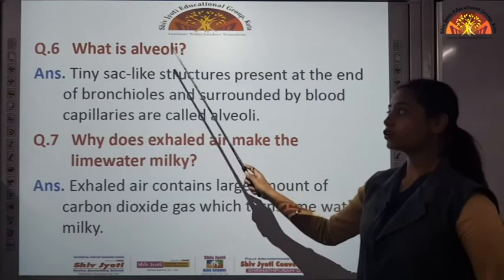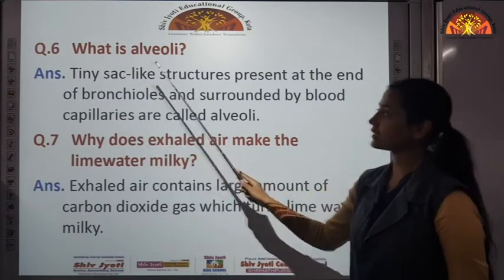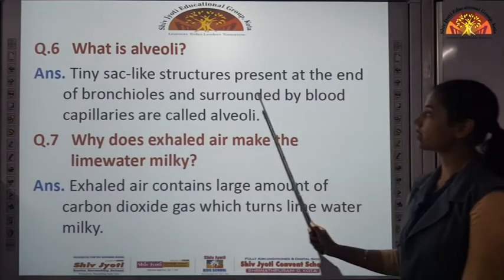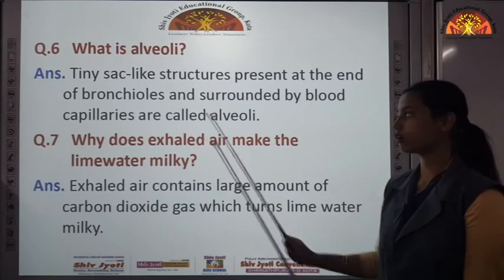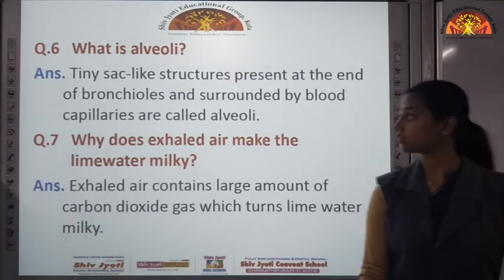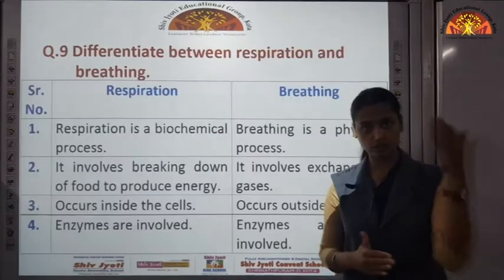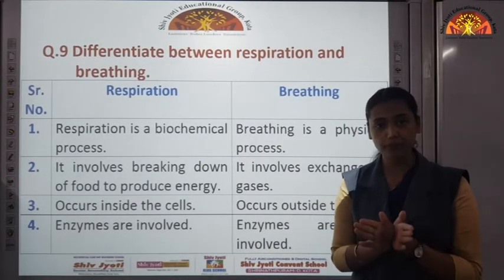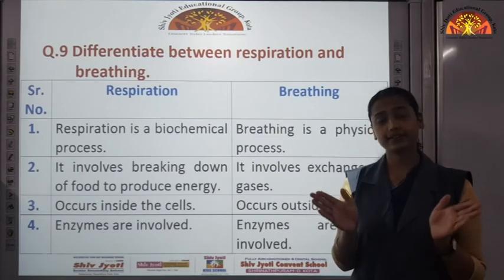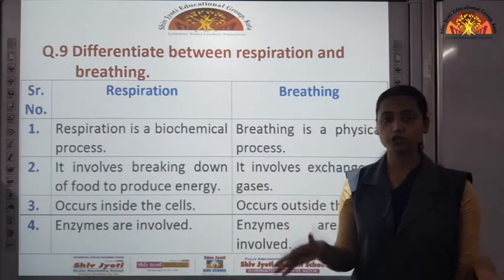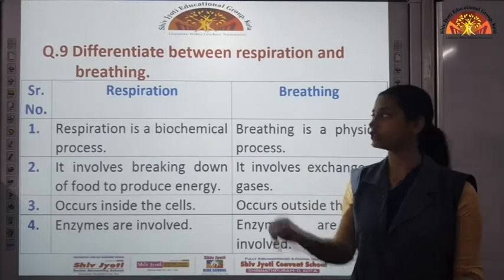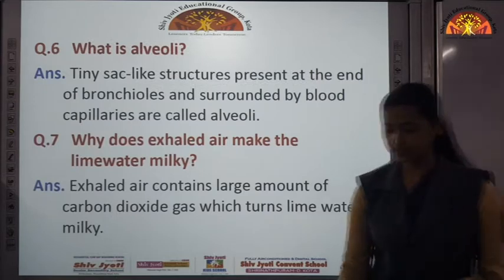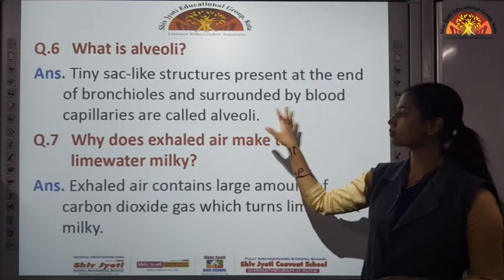Then what is alveoli? Alveoli are tiny sac-like structures present at the end of bronchioles and surrounded by blood capillaries. If you know the whole track, first nose comes, then windpipe, then it divides into 2 sub-branches known as bronchi, and then those bronchi are divided into bronchioles, and at the end of bronchioles alveoli are present, and these alveoli are surrounded by blood capillaries.